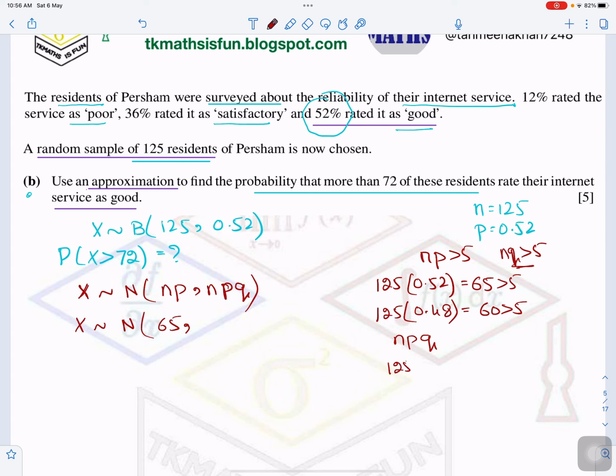So it is 125 times 0.52 times 0.48, which equals 31.2. So my variance is 31.2 and my mean is 65. So I have my new distribution.